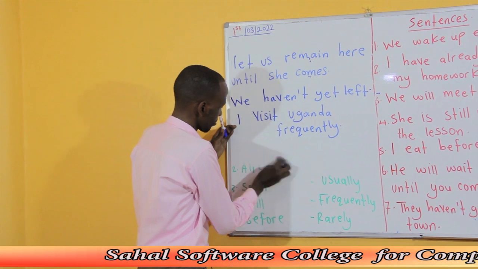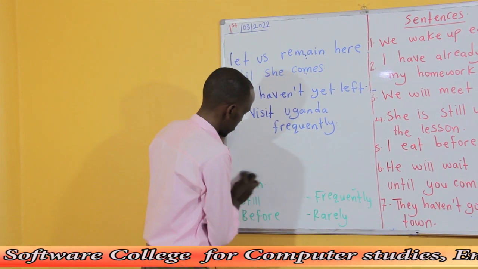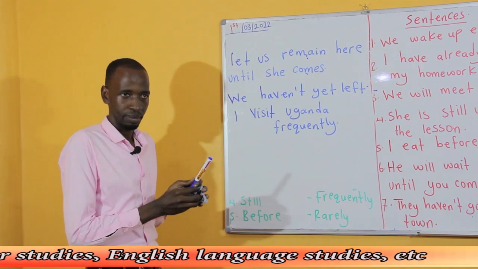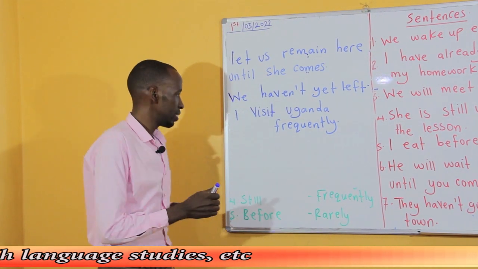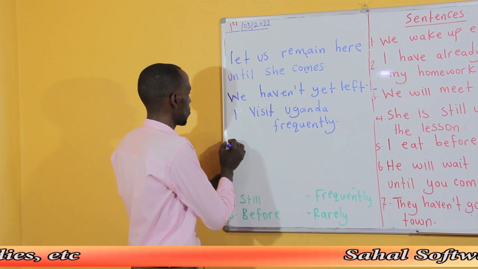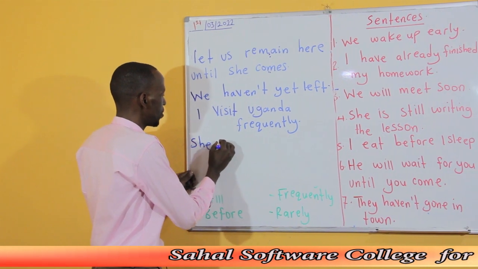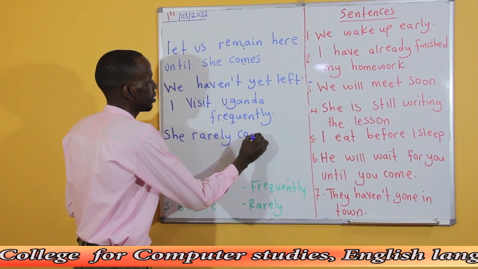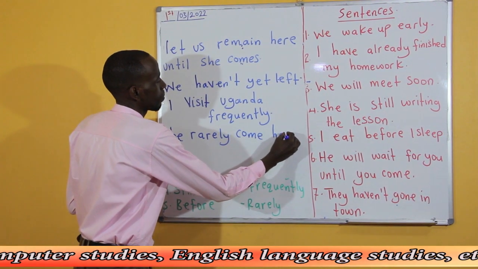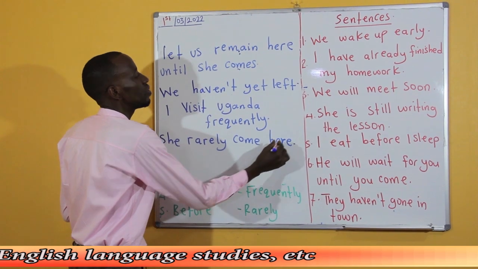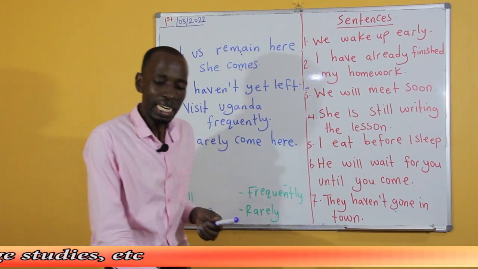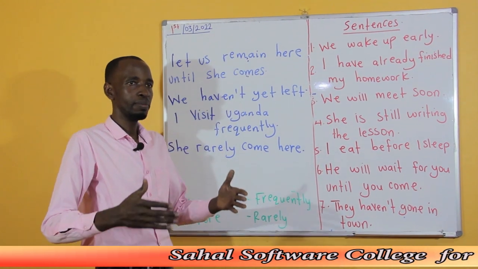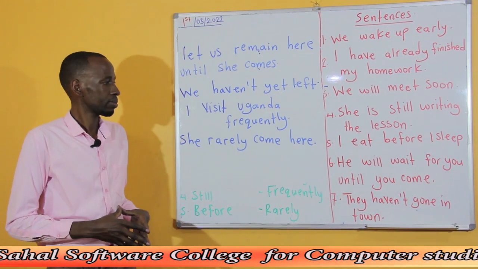Then lastly is rarely. Rarely means almost not. If I say she rarely comes here, it means almost not. It means she takes long time coming here.